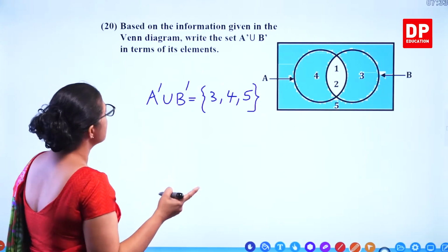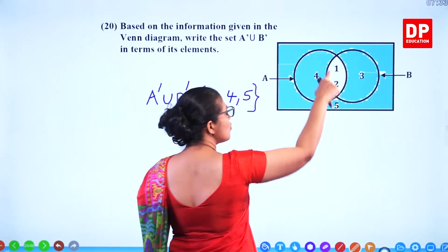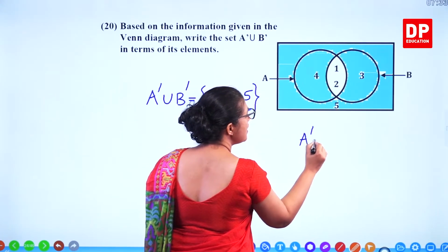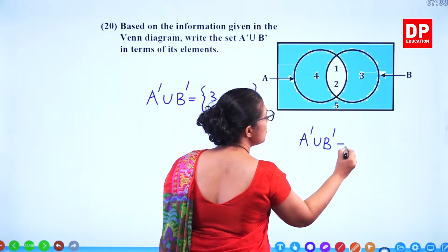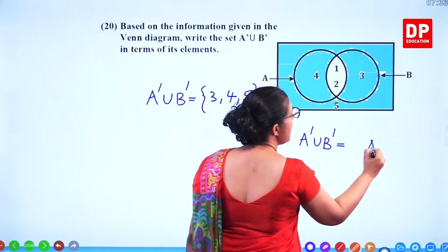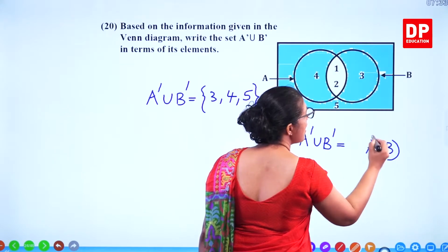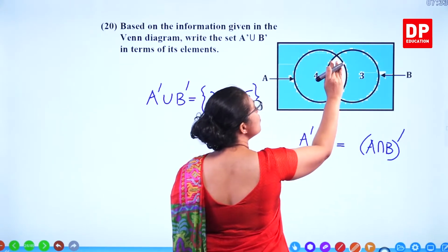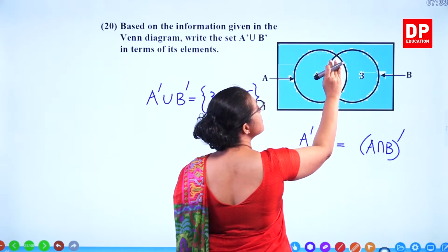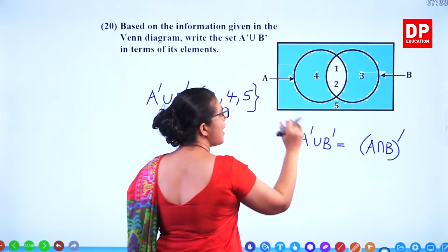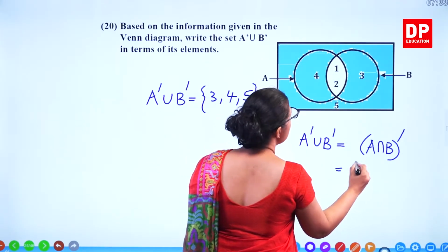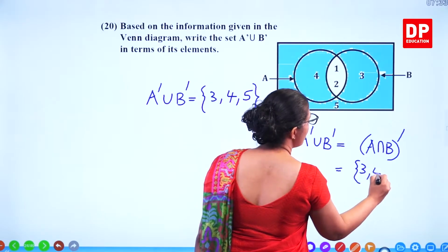So that's the answer. Or you can do it this way. A dash union B dash is actually A intersection B dash. So when you close this part, that's the intersection. Outside that, that's 3, 4, 5.